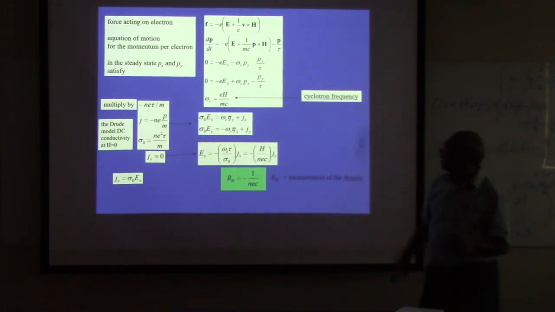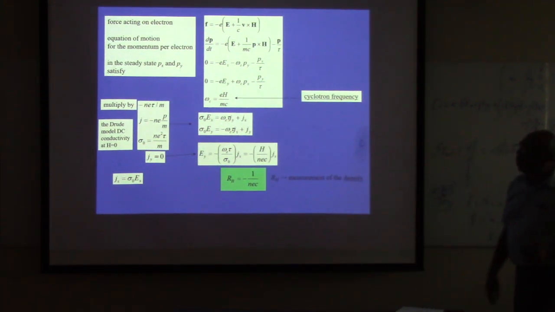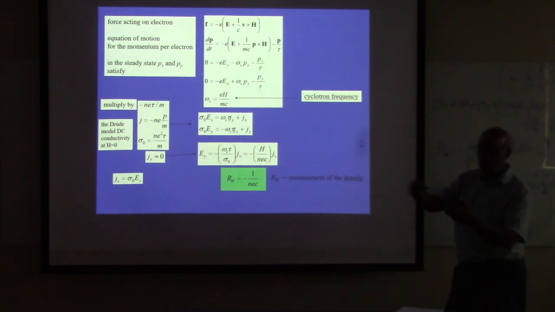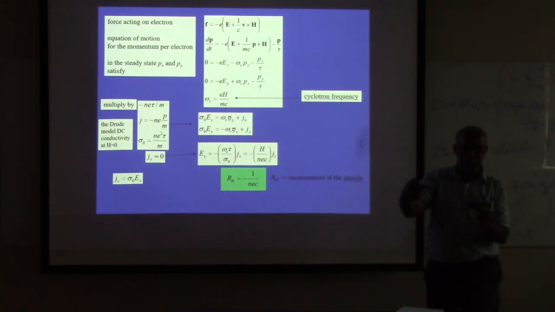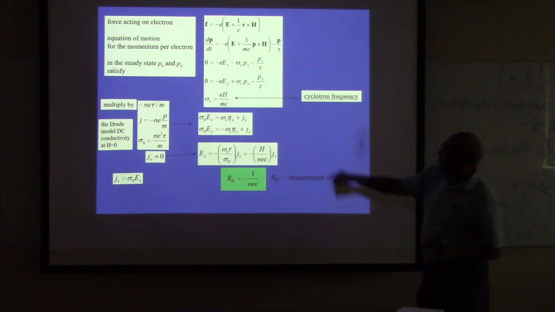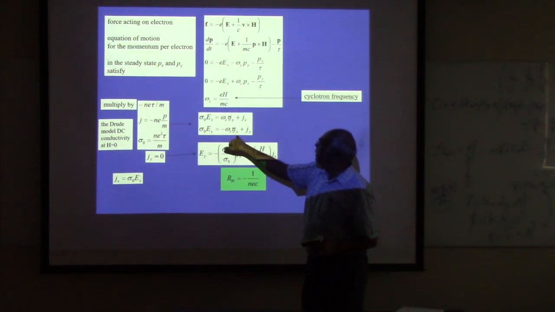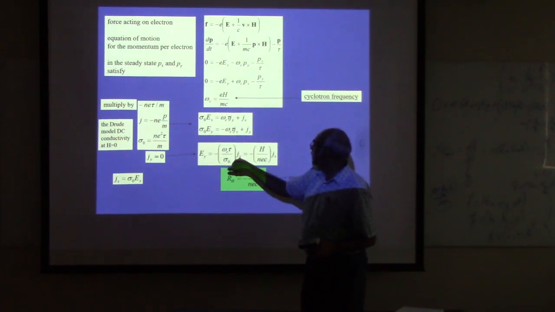So now can you tell me how I get the Hall coefficient from this? This is general. For the Hall coefficient, your Jy should be what? 0, right? Because we have to stop that further flow. Electrons are moving, but because of the Hall field, Jy becomes 0. So if I make Jy 0 here, then I can get my Ey equals this one.